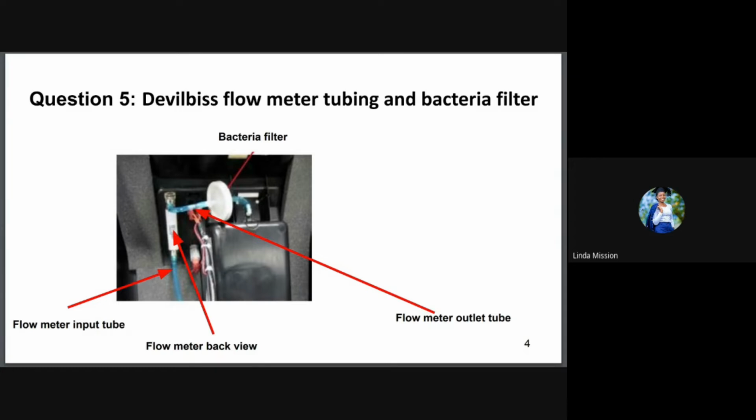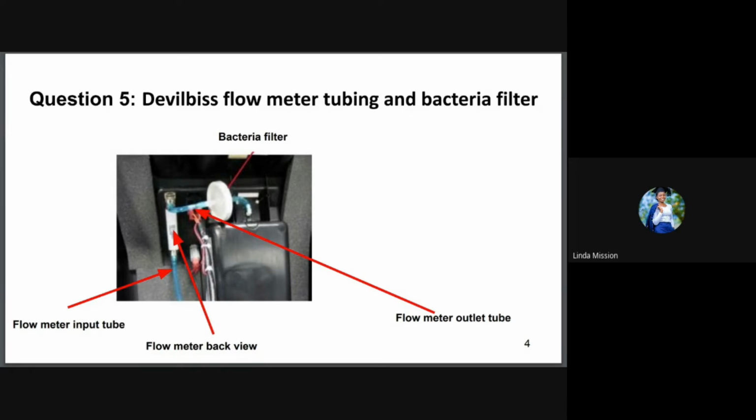Replace the tube, the bacteria filter and the check valve if they are leaking, and reconnect it to the flow meter outlet. This should fix the problem. But if you remove the flow meter outlet tubing and you still have the ball floating when you close the patient outlet, then the flow meter might be broken.